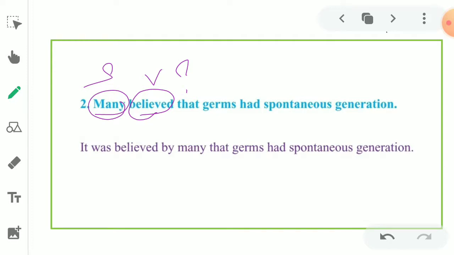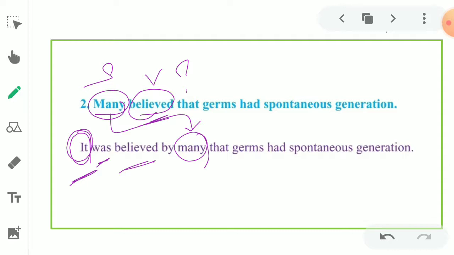So in this case, you have to take it as the object in the active sentence, so take it in the place of the subject in the passive. Then because of the tense form, was, third person singular, that's why was here. Believed, the V3 form of believe, by many, many is the agent.